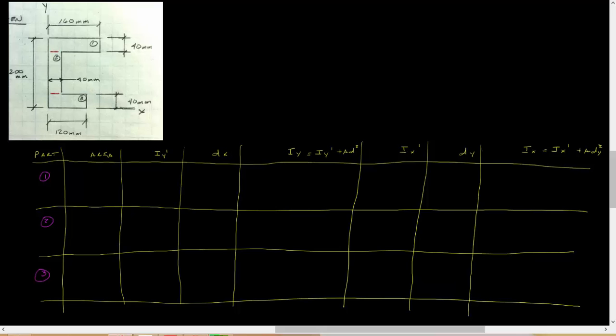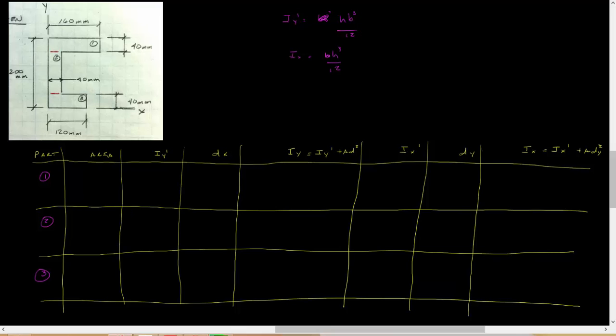Now let's look at my table. I have an area, I have IY prime, and I have IX prime. Remember, IY prime is HB cubed over 12, and IX prime is BH cubed over 12.